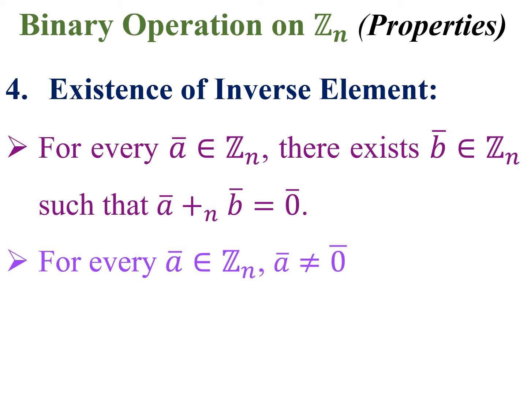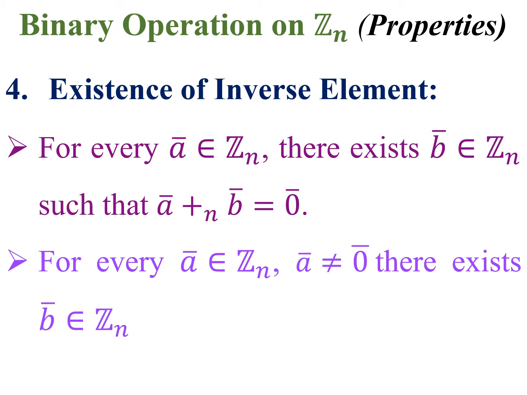Similarly, for every class of A in Zn which is other than class of 0, means every non-zero element in Zn, there exists class of B in Zn such that if we multiply these two classes with respect to cross n, we will get the identity element in the multiplication, that means class of 1, such that class of A cross n class of B is equal to class of 1.